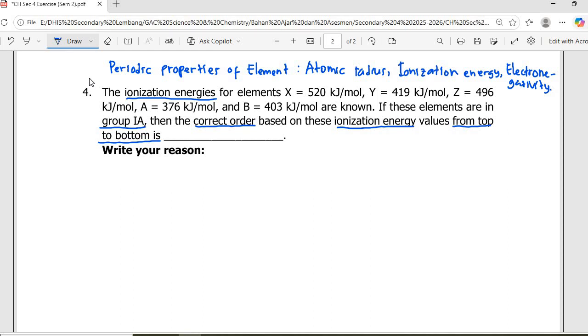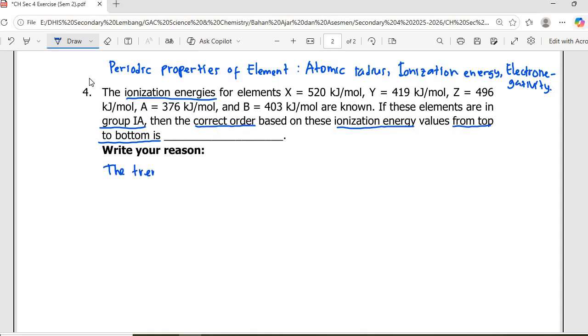Now the clue is two things. The first one is about the group: the order is from the top until the bottom. The second one is the ionization energies, so you have to know the trend.